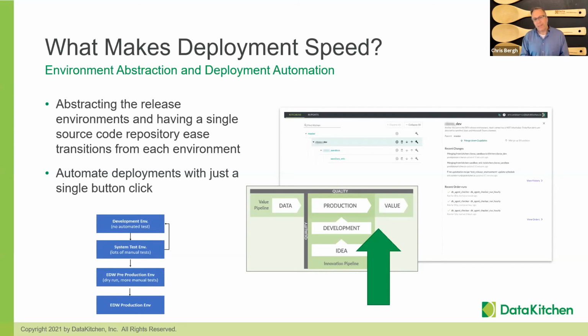Your development environment is different than your test environment, which is way different than your production environment. And one of the first things is just, can you abstract out the notion of an environment, test data, code, configuration, so that moving things from one place to the other is more of a button click than a set of manual problems.